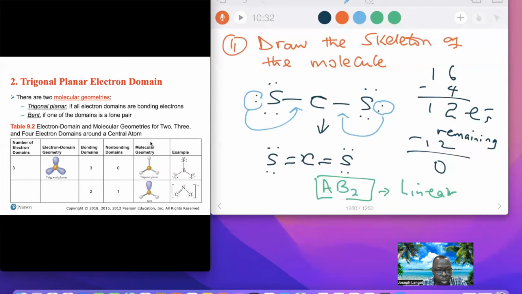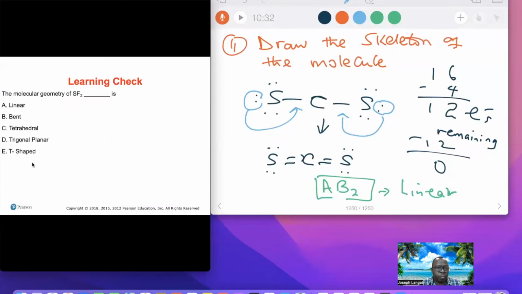So know the molecular geometry as well as the electron domain geometry, how you define them. It's not always that electron domain geometry is the same as molecular geometry. This is molecular geometry, which only looks at the connection of atoms. We don't look at the single electrons here. For trigonal planar, this is the shape.